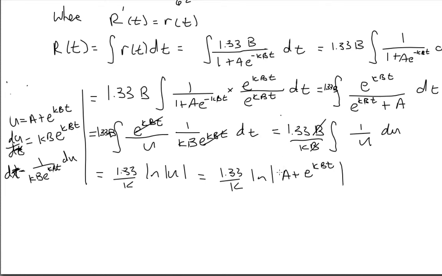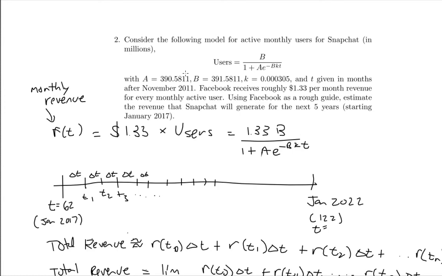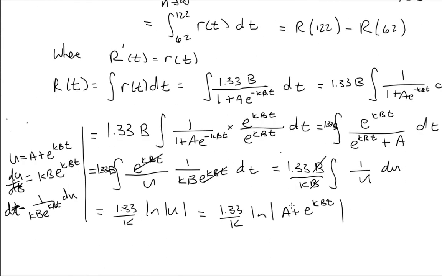What do we say a was? A was 390.5811. And this exponential is another positive number. So a positive number plus a positive number is just another positive number. So at the end of the day, our antiderivative after this clever indefinite integration just ends up being 1.33 over k times the log of a plus e to the kbt. Okay, so that's capital R.